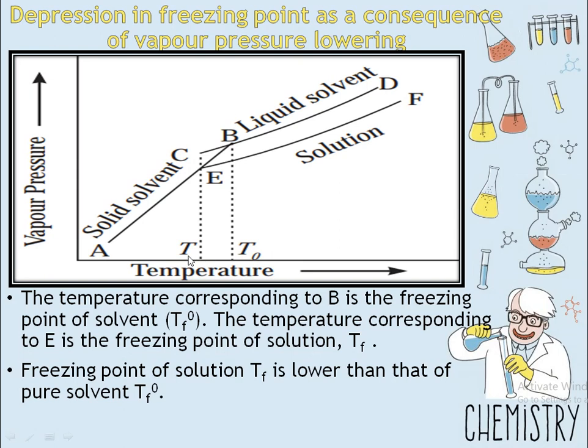And this temperature is lower than the freezing point of the pure solvent. So the freezing point of a solution is lower than that of the pure solvent, and the difference between these two is known as depression in freezing point.